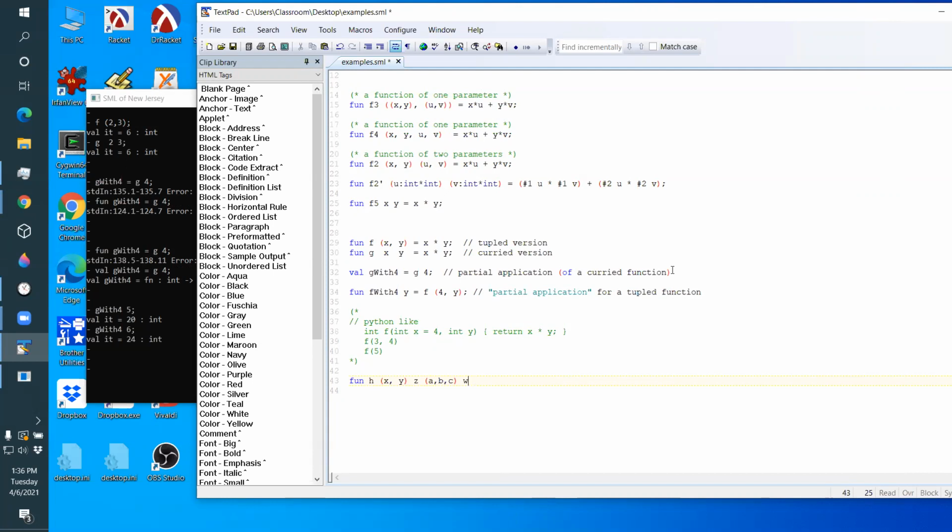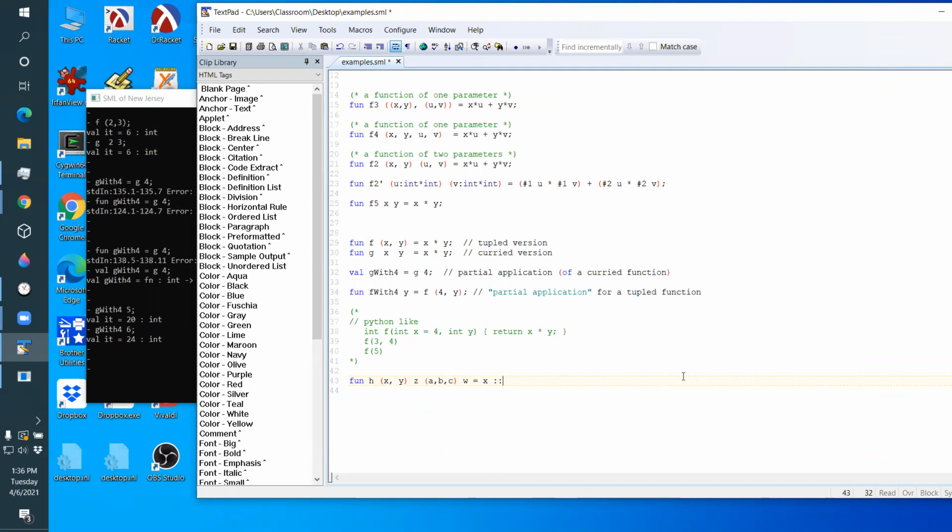There are 4 inputs: 1, 2, 3, 4. So the function actually has 4 inputs. Right now, this is a tuple. This is a thing by itself. I don't really know what it is; it depends on what we do with it. This is a triple. We don't know what that's a triple of yet until I define something on the right-hand side. So, for example, let me do this.